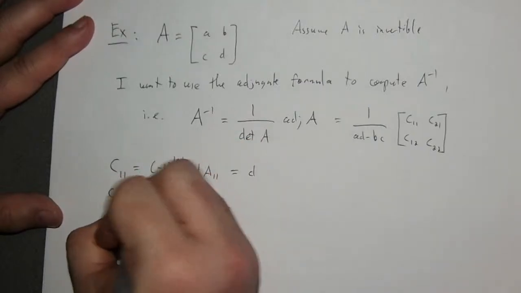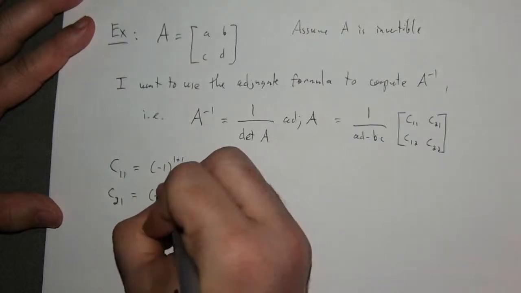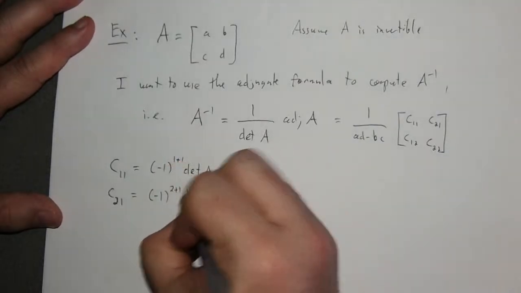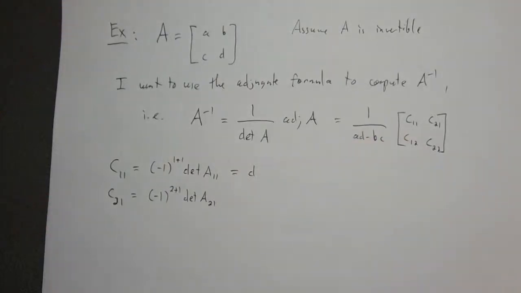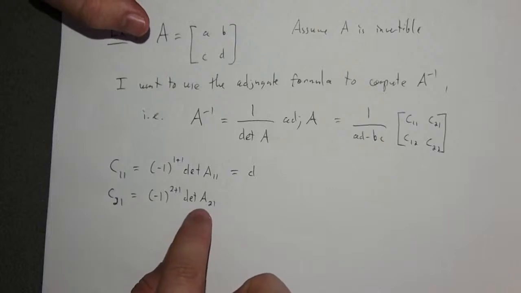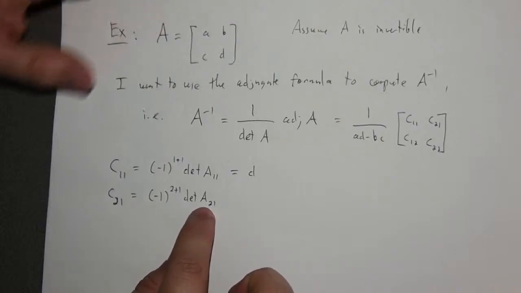C21 is going to be minus 1 to the 2 plus 1 times the determinant of A sub 2,1. A sub 2,1 is the 1 by 1 matrix I get when I delete the second row, first column.